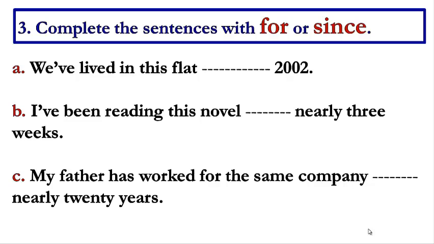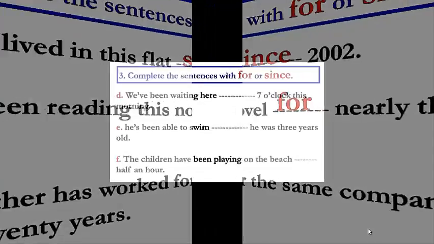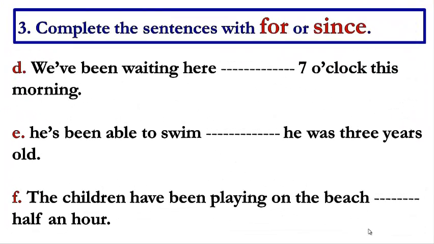A. We have lived in this flat, yes, since 2002. And next, I have been reading this novel for nearly 3 weeks. And my father has worked for the same company for nearly 20 years. We have been waiting here, yes, since 7 o'clock this morning.